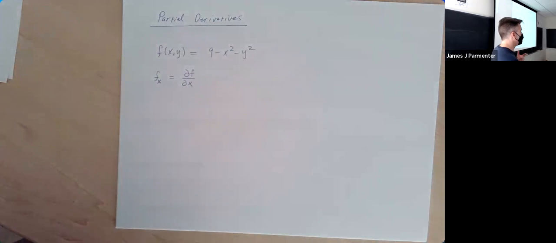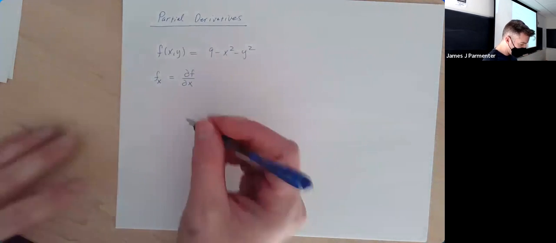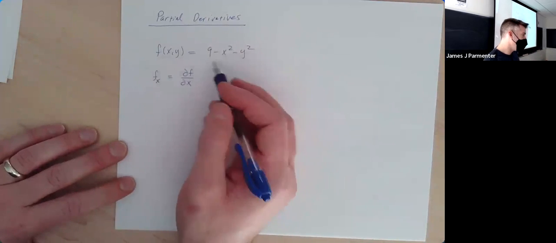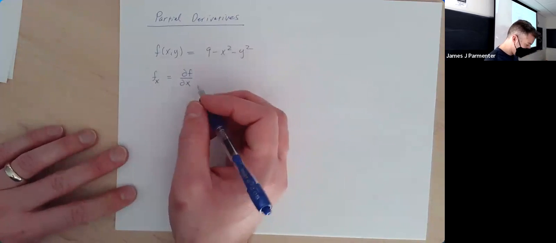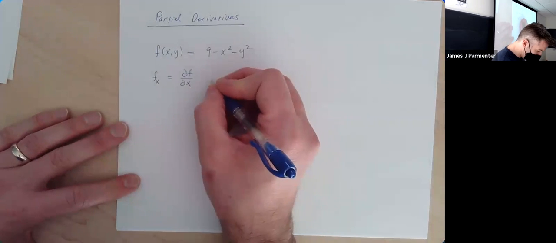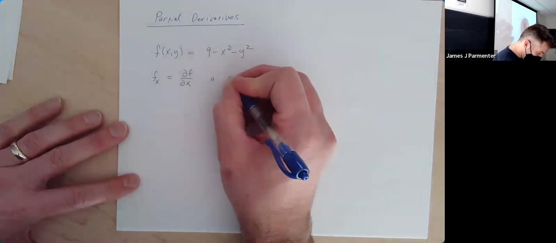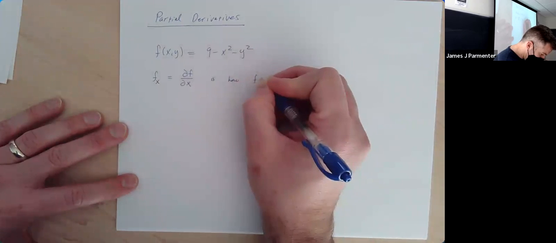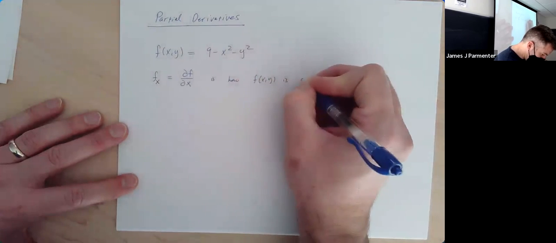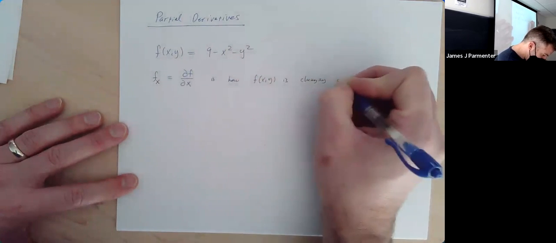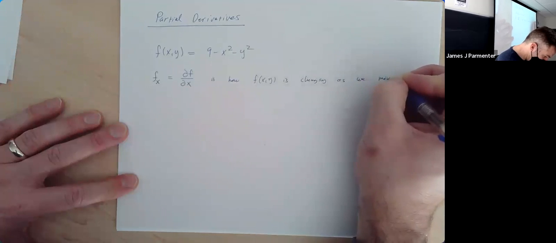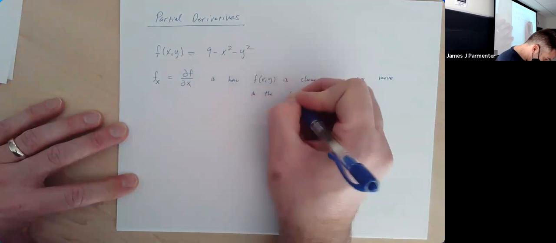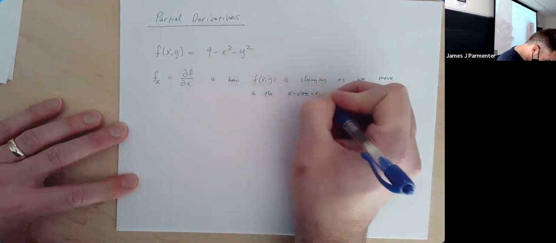And the reason there's a difference is because you can't just take a full-on derivative of a function of two variables, because you have to specify what variable you're differentiating with respect to. So if you've got a function of more than one variable, we can only really take partial derivatives of that function. So this is talking about how f(x, y) is changing as we move in the x direction and hold y constant.